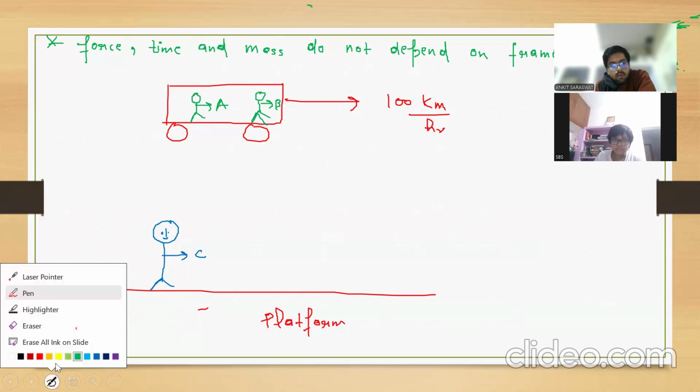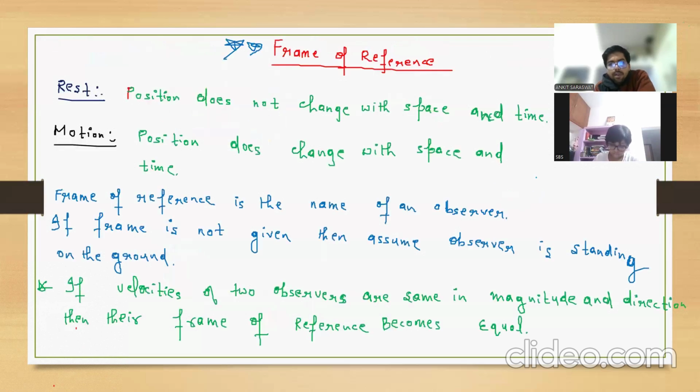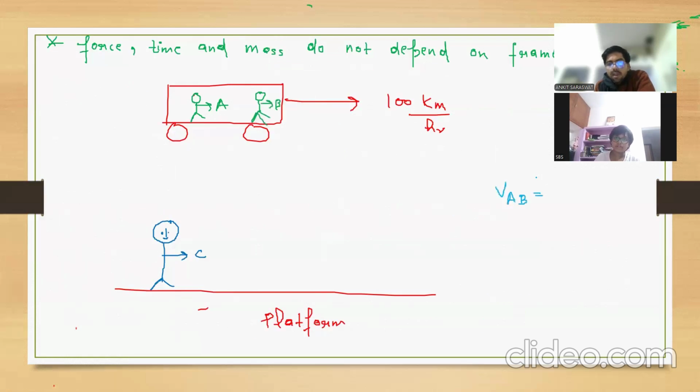Now look at this. If I ask what is the velocity of A with respect to observer B, it is 0. Why is it 0? Because for A, the frame is the moving train, and for B also the moving train. If the frame of reference is equal, then velocity is also equal in magnitude and direction.